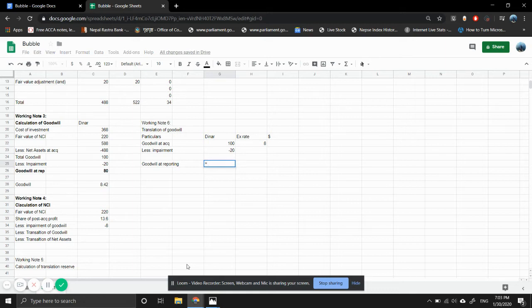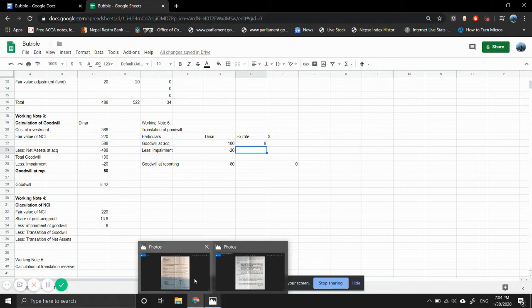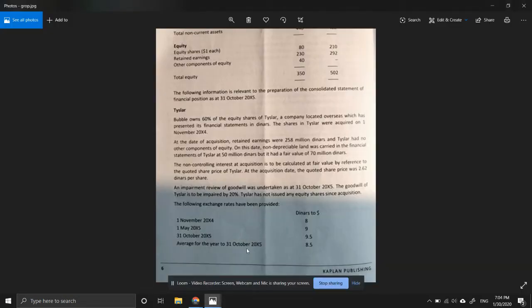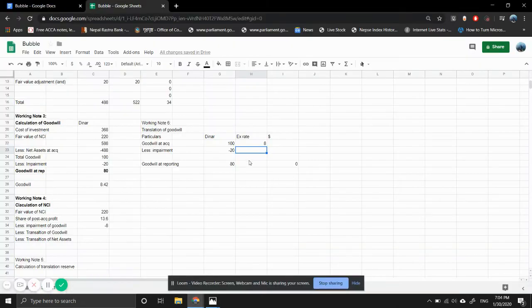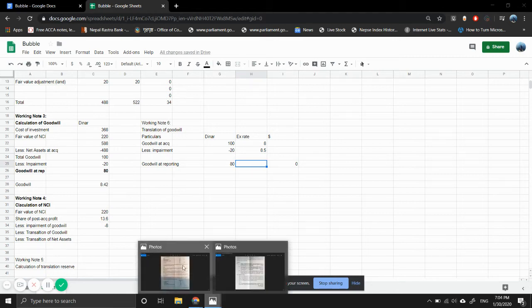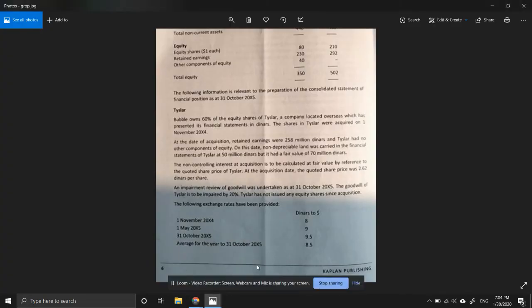And then this figure is the sum of everything. And then impairment is at the average rate. Okay, so impairment is average rate 8.5, and then 31st October 9.5.